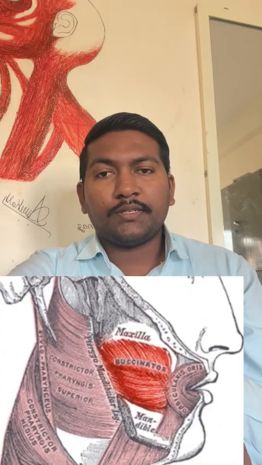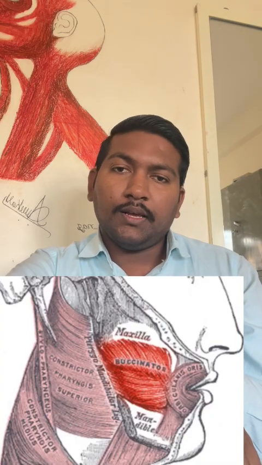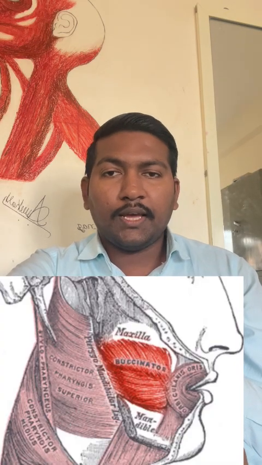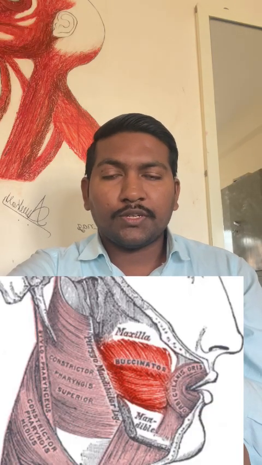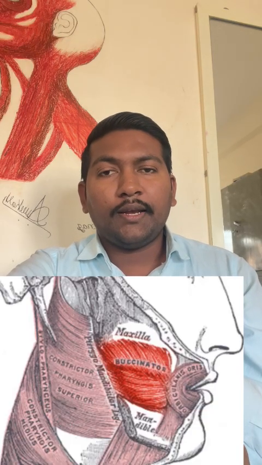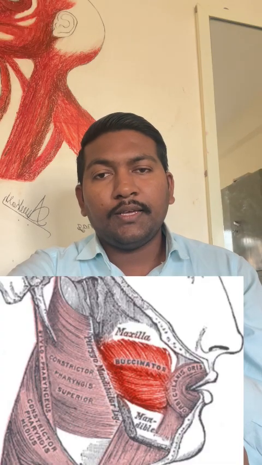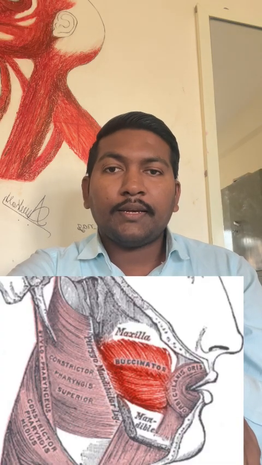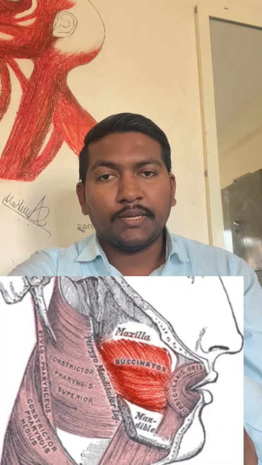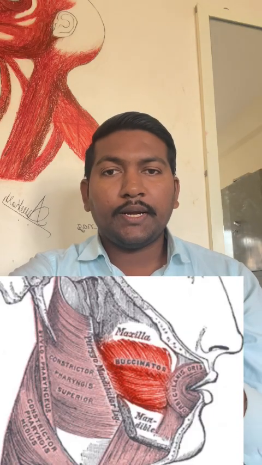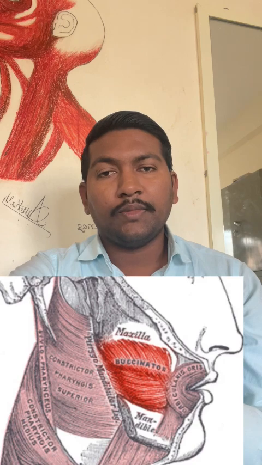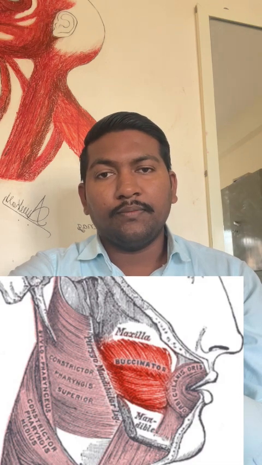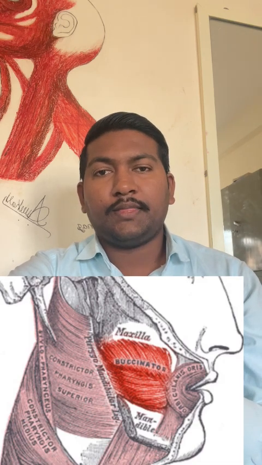Superiorly it arises from the alveolar process of the maxilla, and inferiorly from the alveolar process of the mandible. The buccal fat pad is laterally related to the buccinator muscle, and the parotid duct pierces the buccinator muscle around the second or first molar teeth.